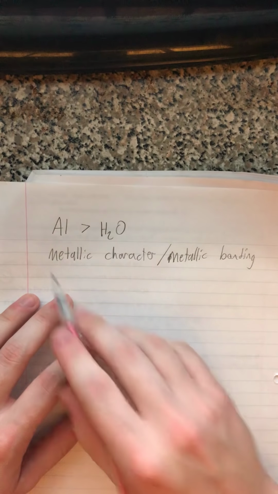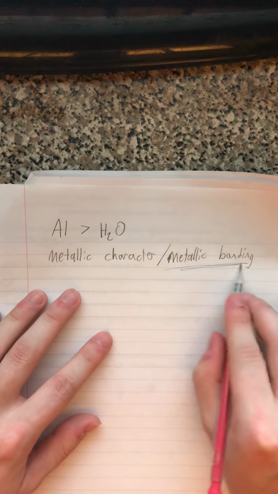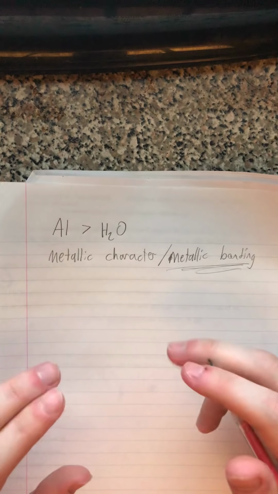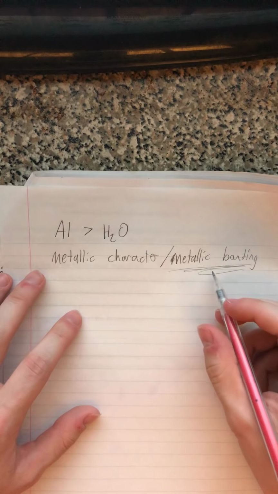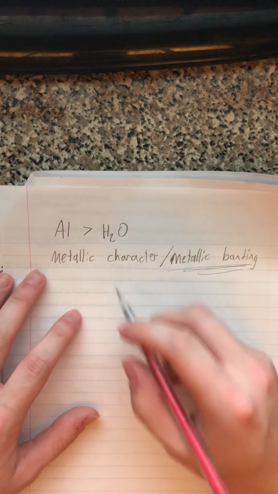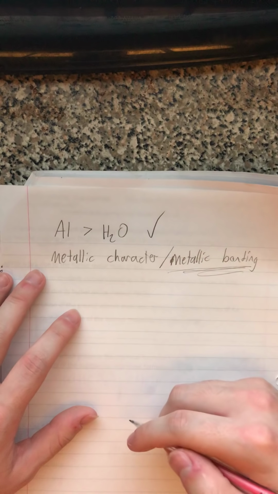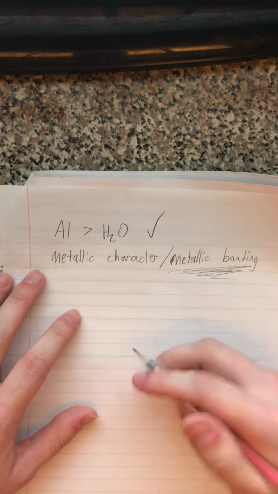And so in this particular example, you would want to understand that metallic bonding, as it were, is a stronger form of bond than H2O. So in this case, you would say, yeah, that order makes sense because of metallic bonding.